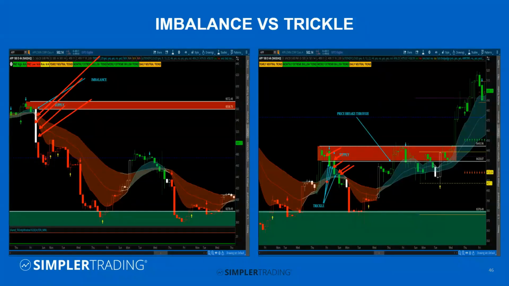Now I want you to look at the reaction when price moves back up to this zone and it actually breaks through. Okay. Then it breaks down, and then look at this move. Boom. So when we're looking at zones, we can look at imbalance versus a trickle move, and we can gauge that the imbalance, the strong imbalance, is going to be a stronger zone.